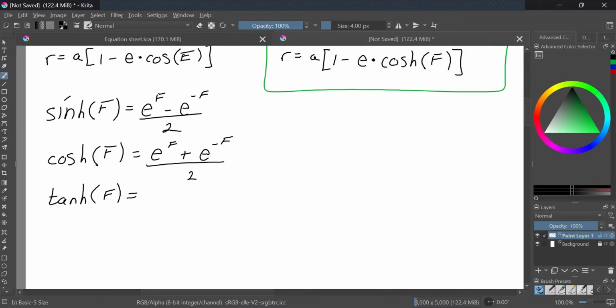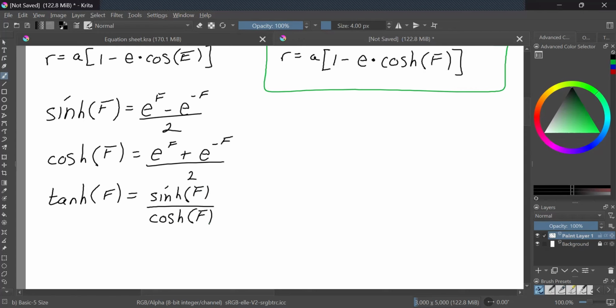I could be wrong on that, but I did not see fit to write it in my notes, and while perusing the textbook, I did not happen to see it there either. Regardless, the hyperbolic tangent functions much the same as the regular tangent does, in that it is the hyperbolic sine of f over the hyperbolic cosine of f.